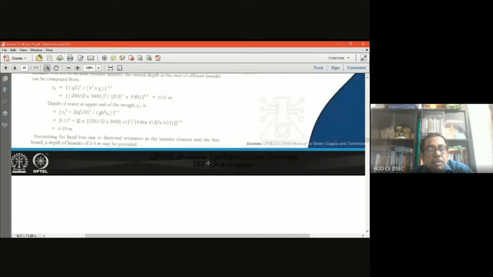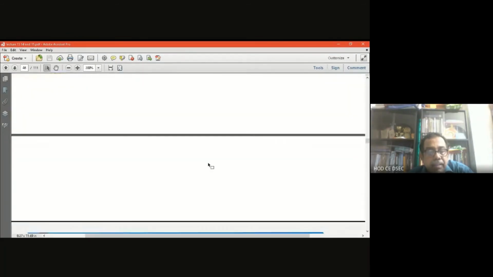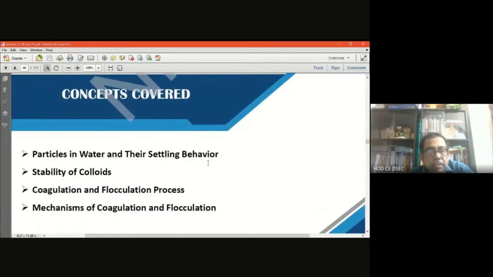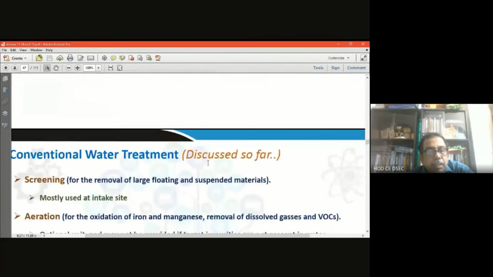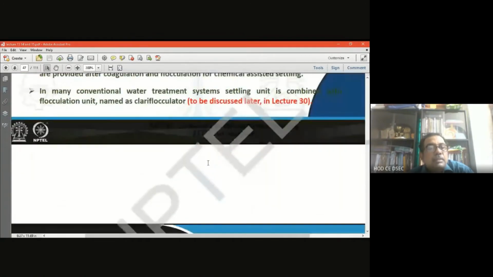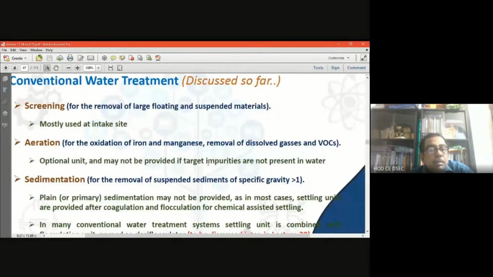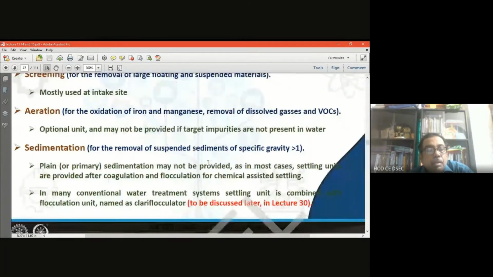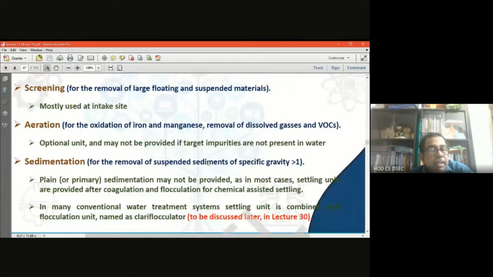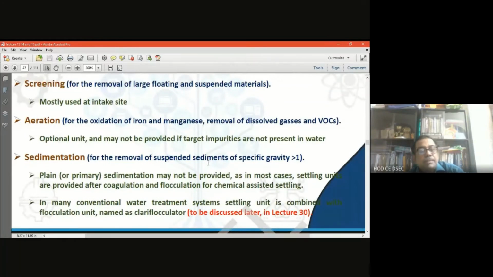Then we'll consider the sedimentation tank, that means the normal sedimentation tank has been covered. Now we'll discuss the next process. We have seen the screening, the aeration, and the plain sedimentation that we have discussed.